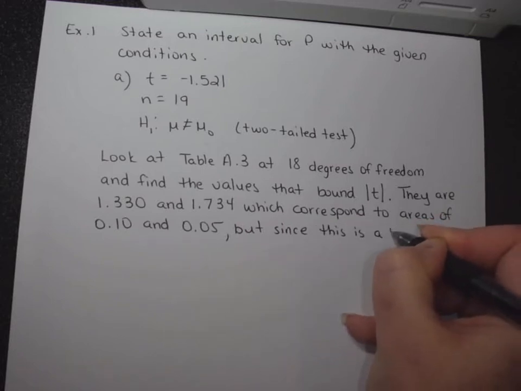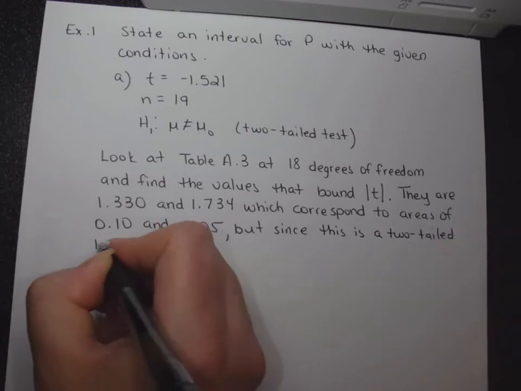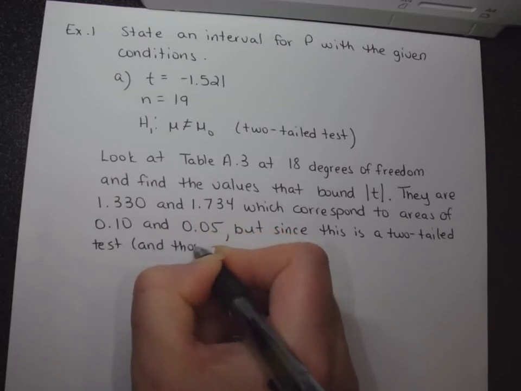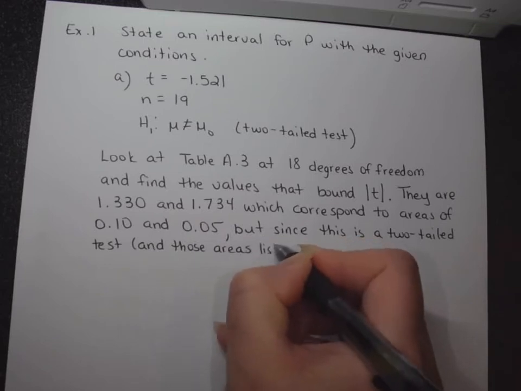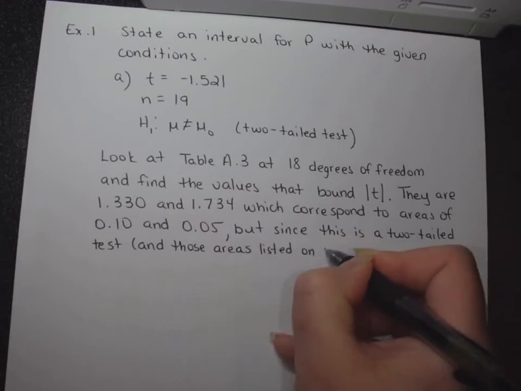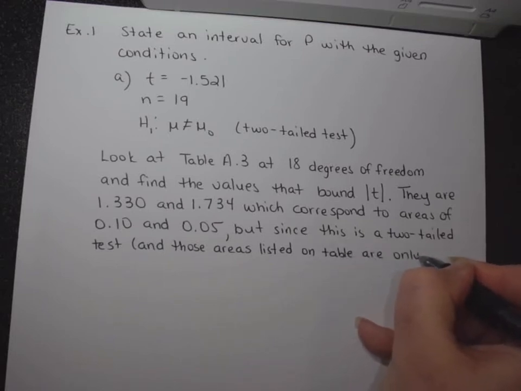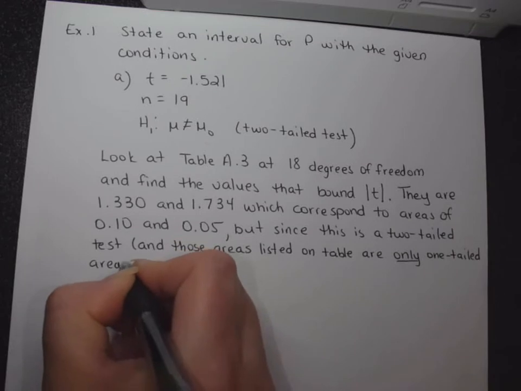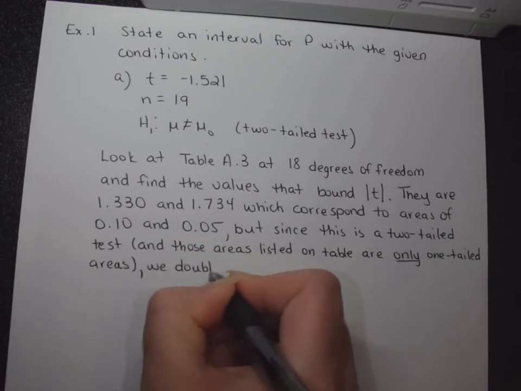Since this is a two-tailed test, and those areas listed on the table are only for right-tailed, single-tailed tests, we have to assume that the left side looks the same as the right, and we're going to double those areas.